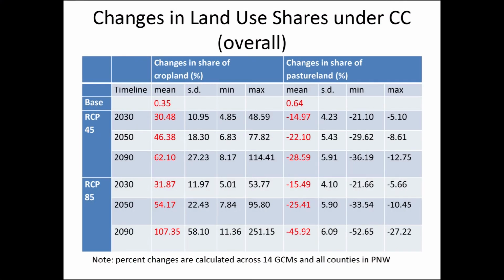And when we use projected climate data from the recent CMIP5, we project the land use change under the future climate conditions, and you see that cropland will increase and pasture will decrease. Basically, the magnitudes of this change depend on which emission scenario we choose to run the model.